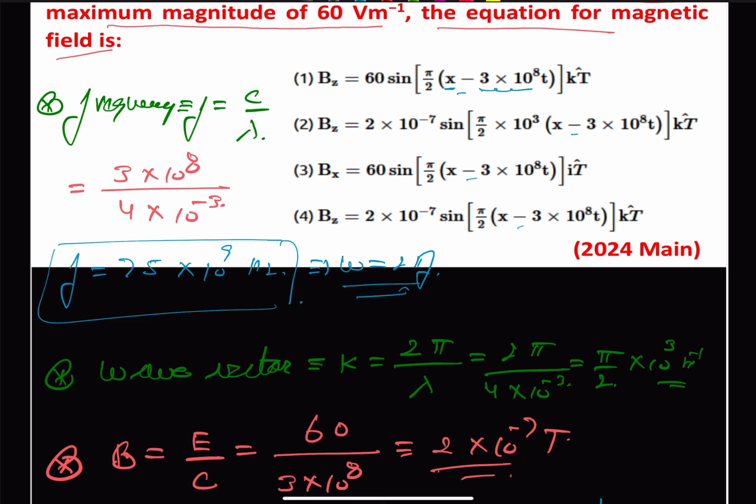So from here we can make a rough approximation that the wave is going to propagate in the x direction and the oscillation will be perpendicular to both the x direction as well as the electric field, which is basically the z direction, if we say that based on the given equation the electric field is in the y direction.